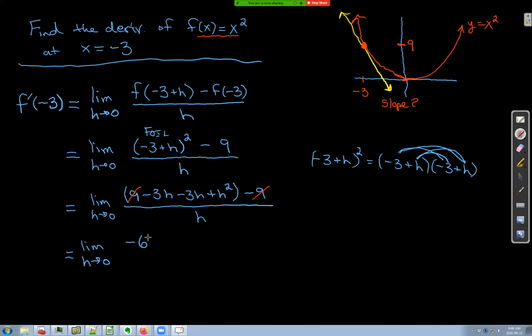So that's going to make -6h, right? Because if I have -3 h's and then I subtract another 3 h's, that means I'm 6 h's in the hole. But then also don't forget that there's the h squared. And then divide by h. Okay, almost done.